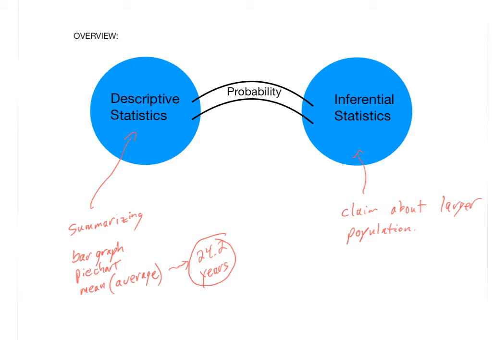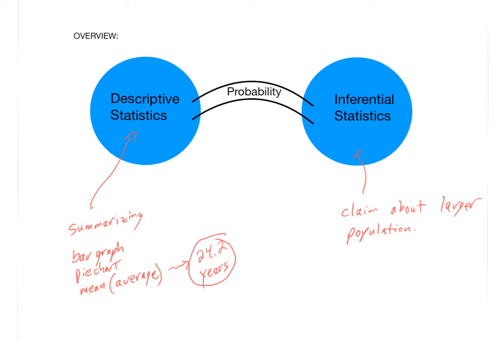I don't have the time to talk to the several million college students in the US in a particular year. So I have to have a sense of what are the chances that I'm right.